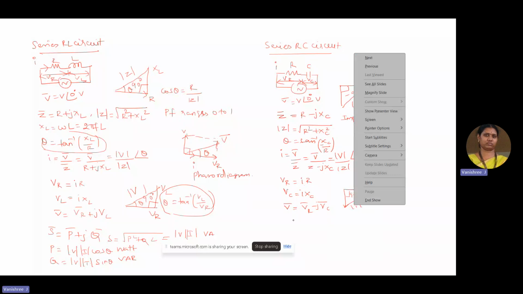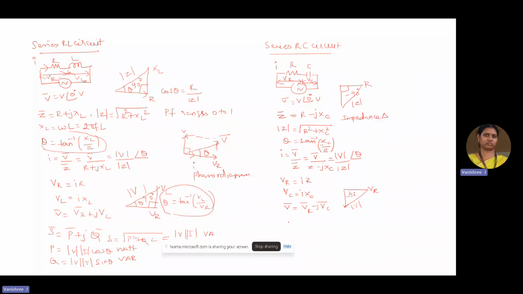As we have determined the real power, reactive power and apparent power, the same power equations hold good for all types of circuits, irrespective of the elements connected in it. Real power is given by modulus of V into modulus of I cos theta, where V and I are the RMS values, and real power is measured in watt.